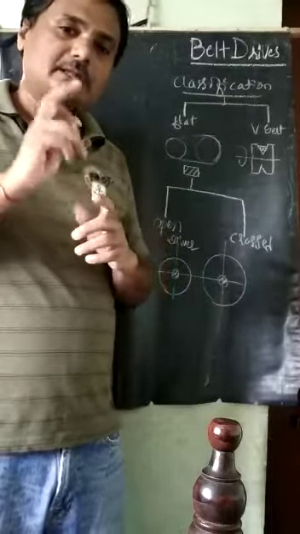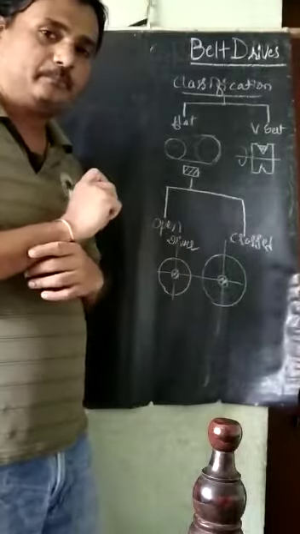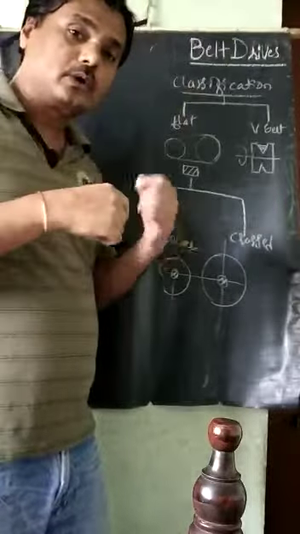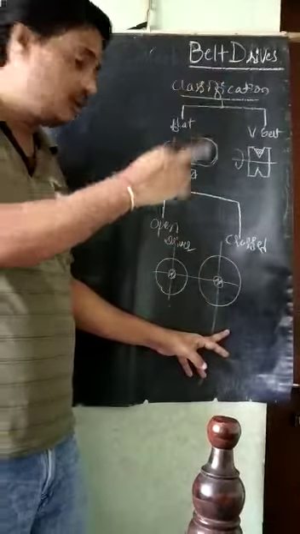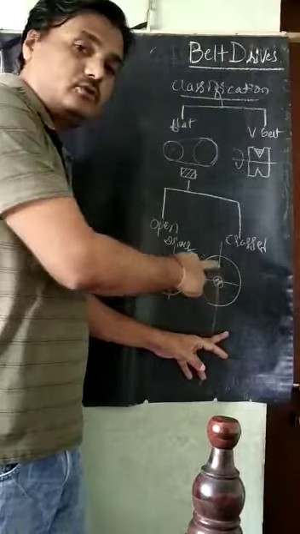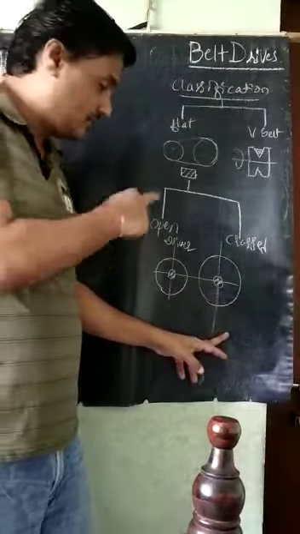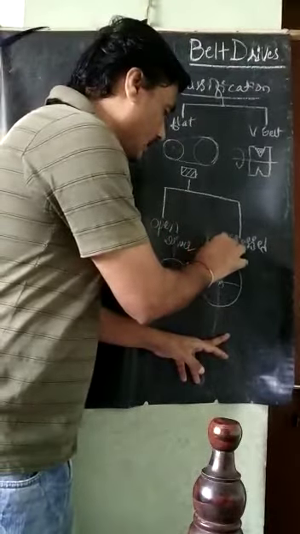And where we want to transmit that power from this to here, that shaft or that pulley is called the follower.